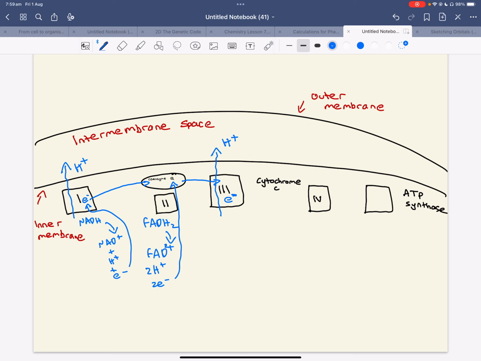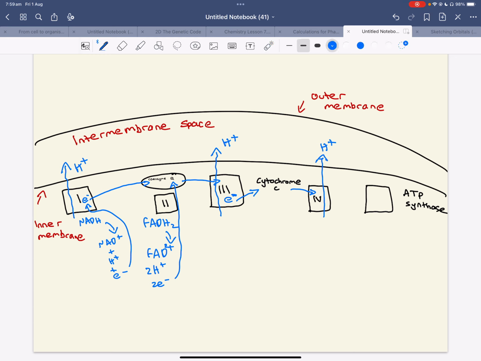And now the electrons are passed on to cytochrome C. Then cytochrome C passes these electrons one more time to complex 4. And complex 4 can act as a pump as well, pumping H plus into the intermembrane space. So now we've got a lot of H plus within this space.